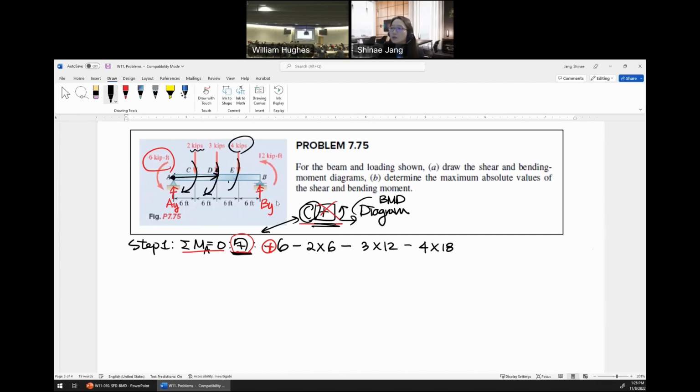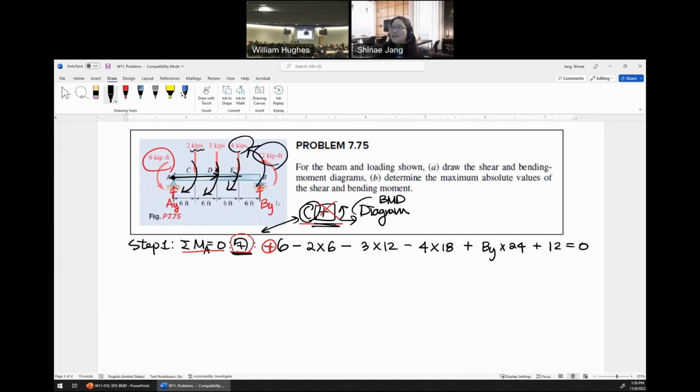So it's also inducing clockwise moment, and the distance from A to E is 18. And the last one, BY times 24, and it is inducing counterclockwise, so it is plus. And now, what about this 12? Is it plus 12 or minus 12? Plus 12. Yep, thank you.